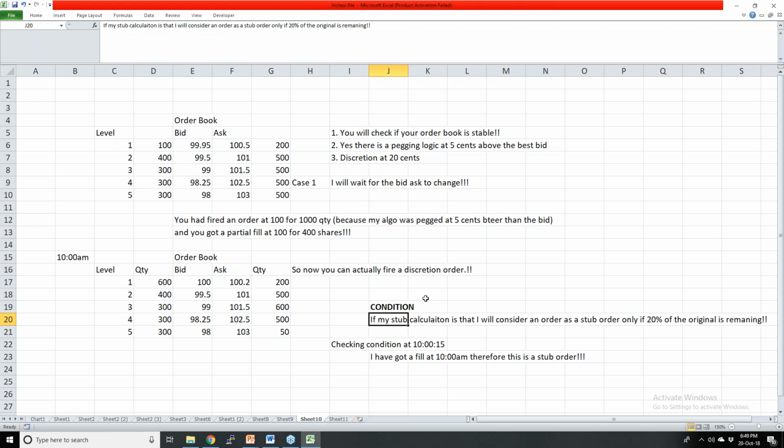So if you've traded 80% of your order at 100, then you might want to lower your price. Say you had fired a quantity of 1,000 shares, 800 get filled, and now there's a question whether you want to fire a discretion order or not. You probably would want to wait. You might even want to decrease your price, because frankly you've got a nice fill, and you might want to lower your price so that you can get an even better price.